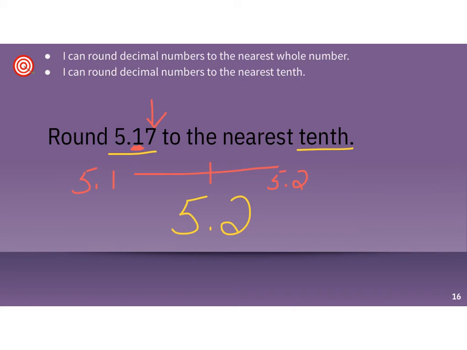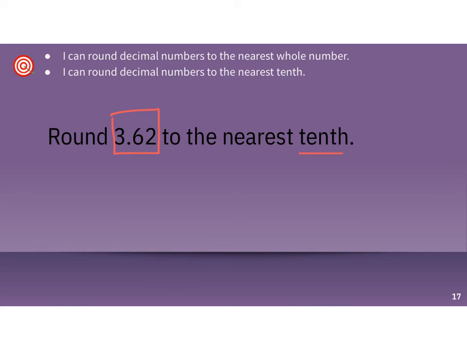Halfway between would be 5 and 15/10. 17/10 would put me on this side, which means I would round to 5 and 2/10. So how about this? 3 and 62 hundredths rounded to the nearest tenth. Did you get 3 and 6/10?